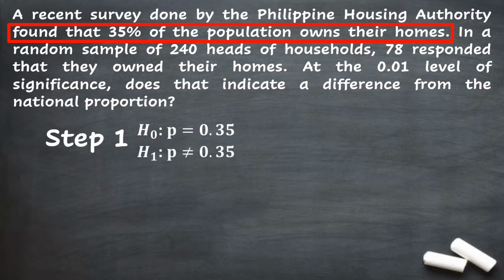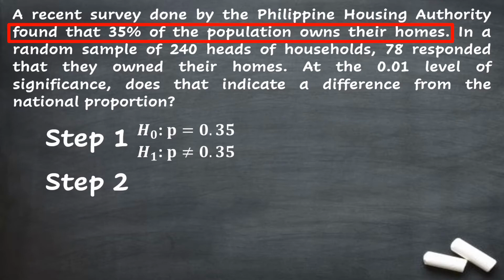And the alternative hypothesis is population proportion is not equal to 0.35, since there's no term synonymous to greater than or less than for the entire problem. Also, in the question part of this problem, they are just looking for the difference. That's why we just use the not equal symbol.